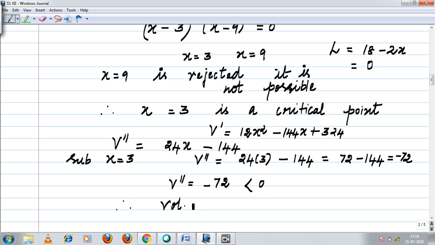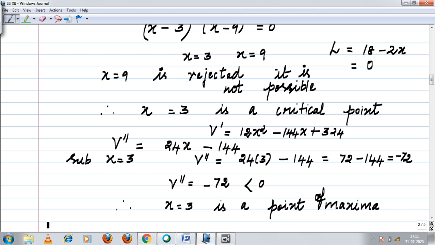Therefore x is equal to 3 is a point of maximum. They are expecting the largest volume; we want to prove only that the volume is maximum.